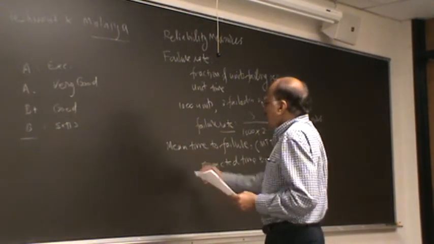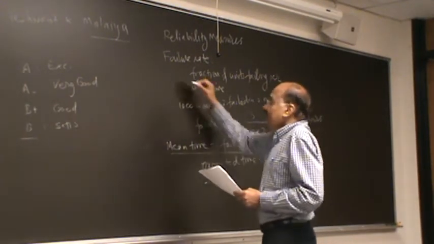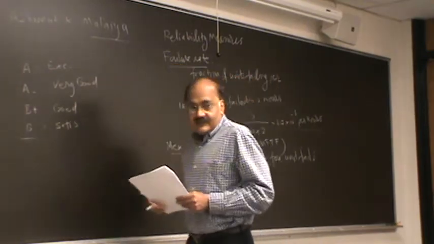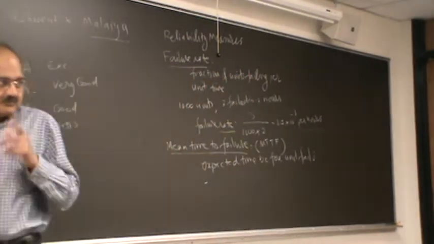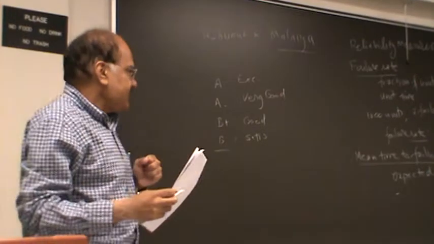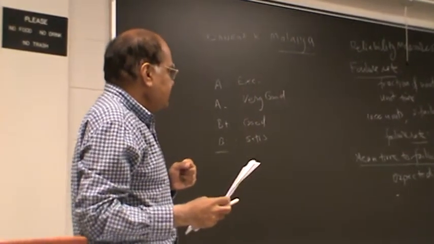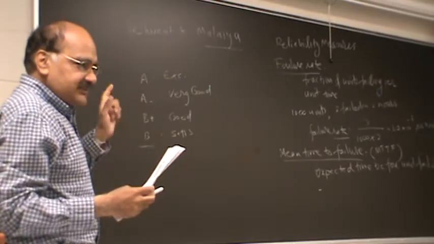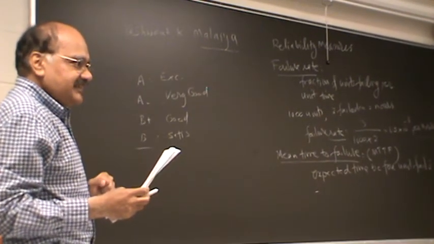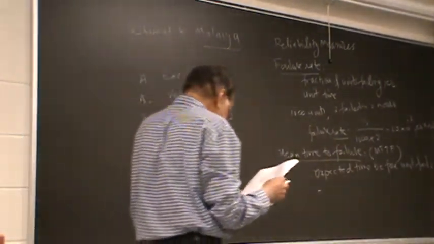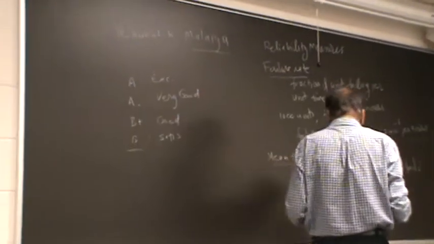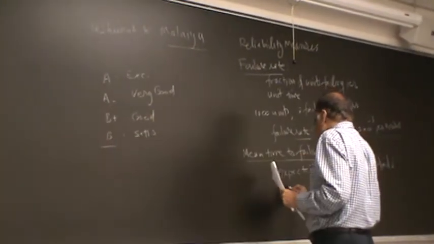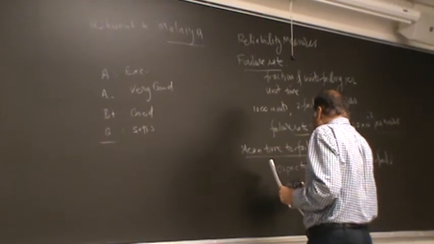Okay, now mean time to failure and failure rate have a connection. Can you guess what the connection would be? It is a very important connection, and we will discuss it next time. But they have an inverse relationship.